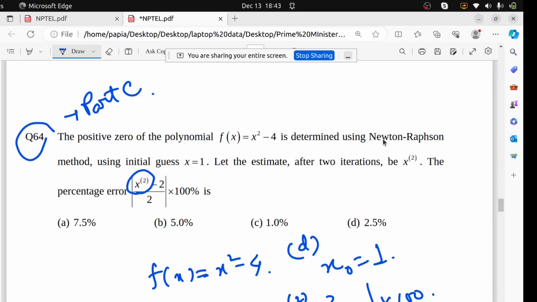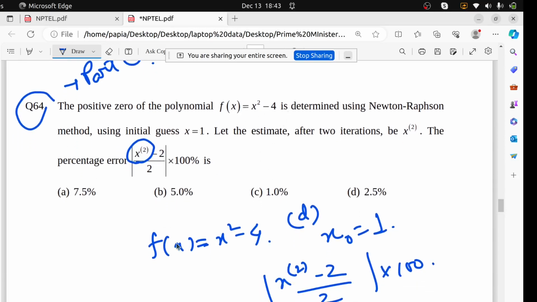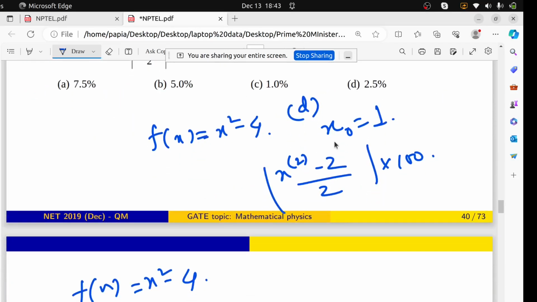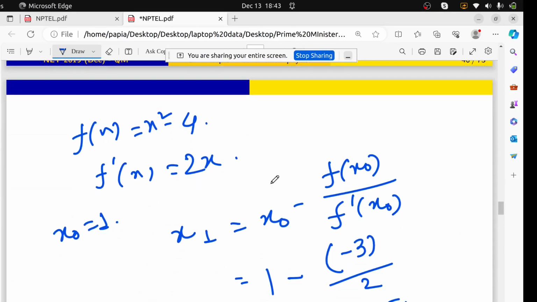For this case, we have taken the iteration expression x n plus 1 equals xn minus f of xn by f prime xn. Now f of x is given here, f prime we have calculated, and they have given that initial value x0 equals 1. So by putting x0 as 1, we have the x1 value.